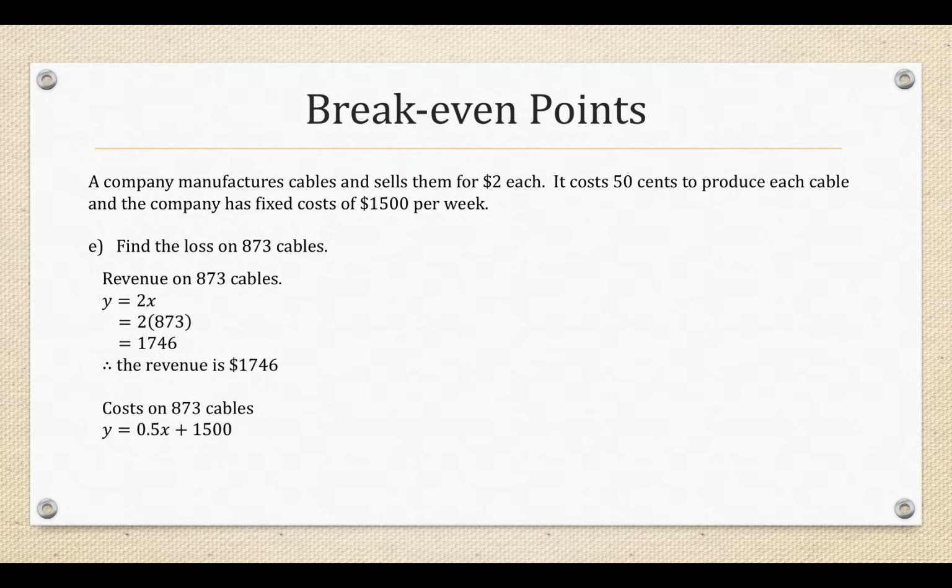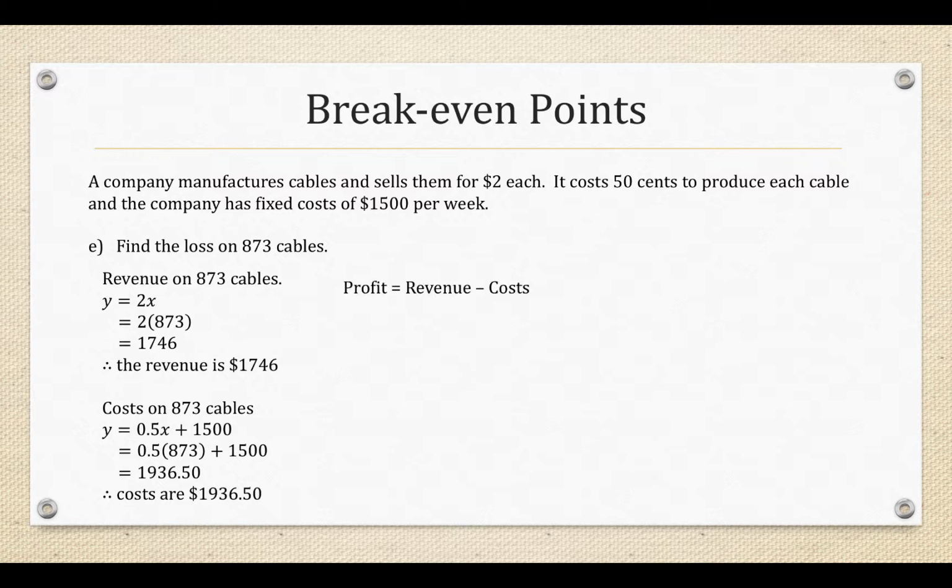Our costs, we get 0.5 times 873, because we're looking at the costs on 873 cables. We then add our 1,500, which will give us $1,936.50. So our costs therefore are $1,936.50.